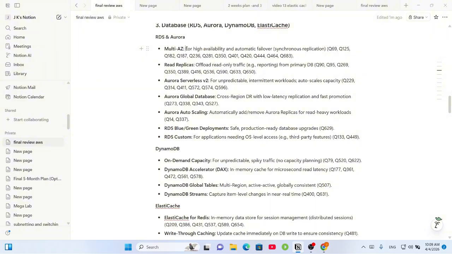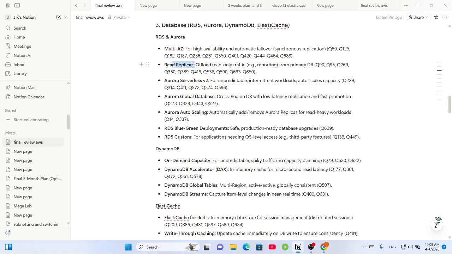Okay, we know this, Multi-AZ. It's just multiple availability zones, right? For high availability and automatic failover, synchronous replication, we use Multi-AZ. We know about this one, right? You can set Multi-AZ and you configure RDS, Aurora, or DynamoDB, or whatever.